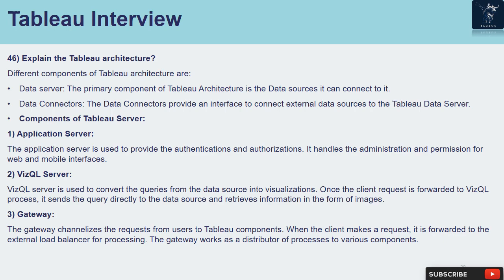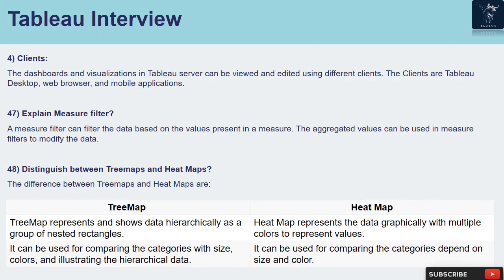When the client makes a request, it is forwarded to the external load balancer for processing. The gateway works as a distributor of processes to various components. 4. Clients. The dashboards and visualizations in Tableau server can be viewed and edited using different clients. The clients are Tableau Desktop, web browser, and mobile applications.